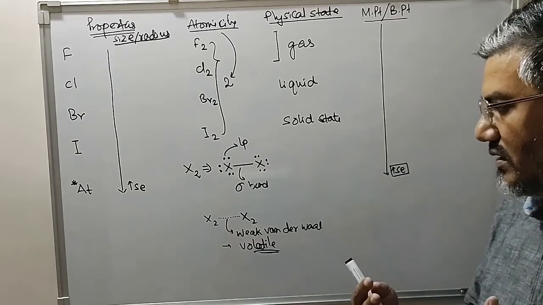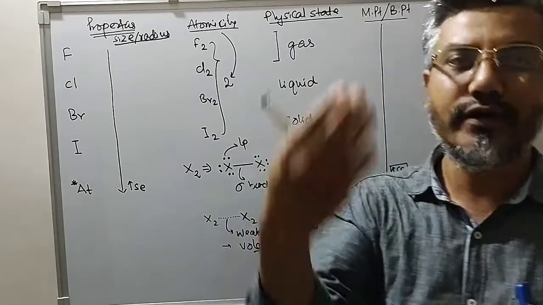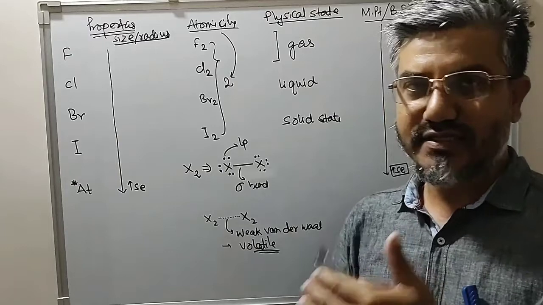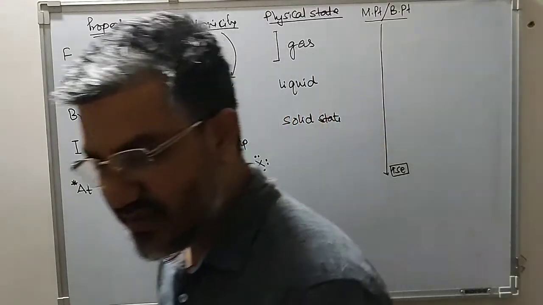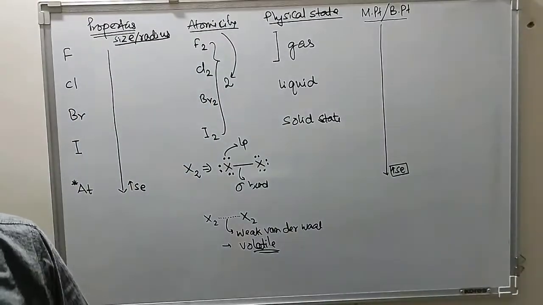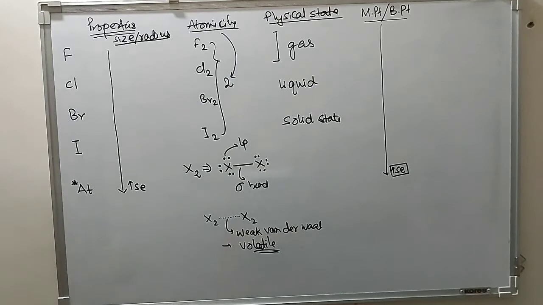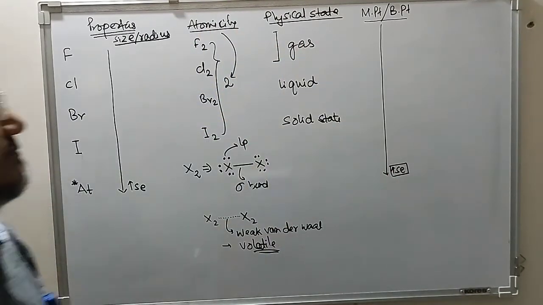As the intermolecular attractive force increases, energy required to break this bond also increases. So as the energy required to break this intermolecular attractive force increases, the melting point of these elements also increases. Similarly, we can also say the boiling point also increases.